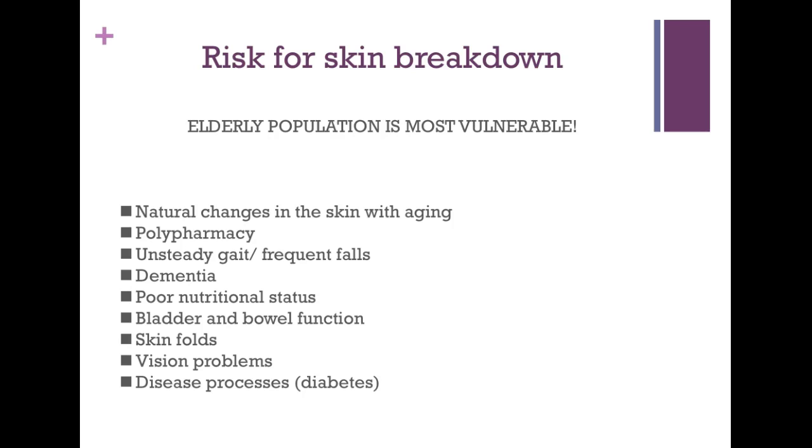Vision problems increase the risk for running into things, and disease processes, for example diabetes, certainly put somebody at a high risk for skin breakdown. So be aware that the elderly population is more vulnerable than the general population for skin breakdown.